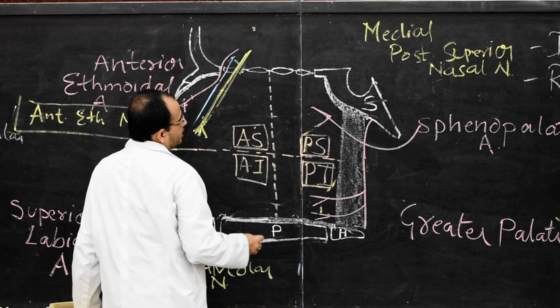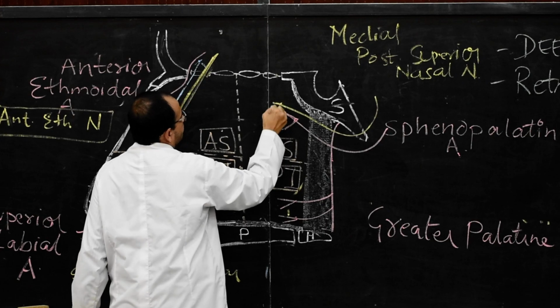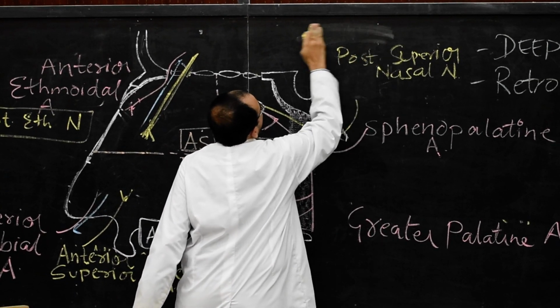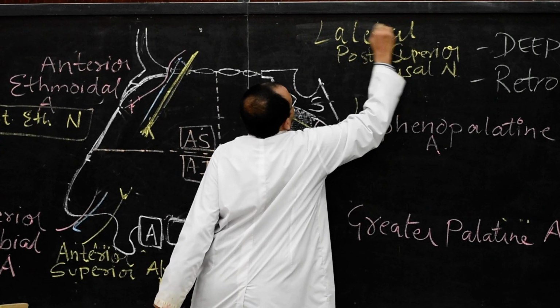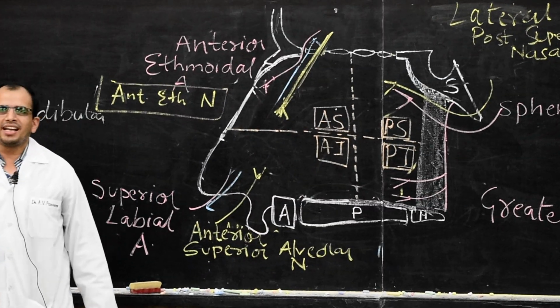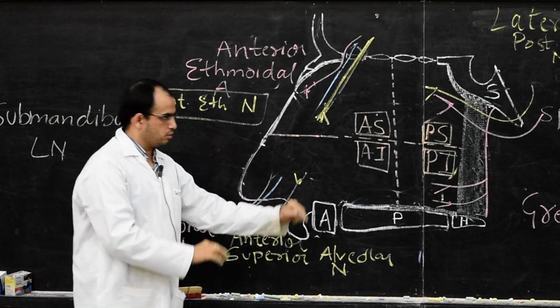On the posterior aspect, the branches supplying from the pterygopalatine ganglion, instead of medial, are lateral, because this is the lateral wall. So the name changes to lateral posterior superior nasal nerve. Again it is a branch of the pterygopalatine ganglion.